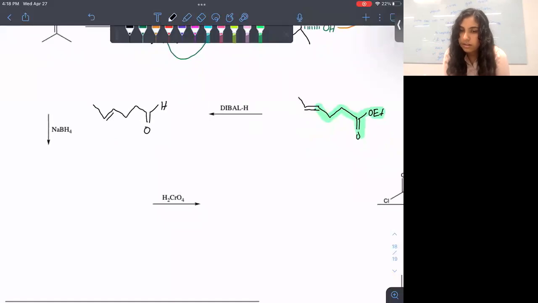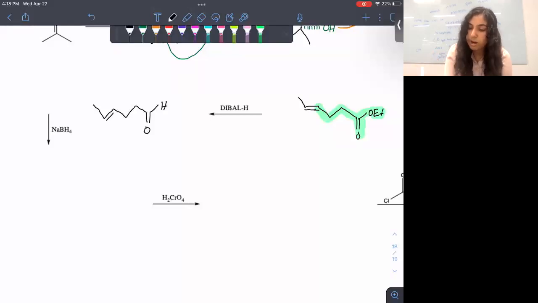And then we're giving the aldehyde sodium borohydride. Sodium borohydride is a weak reducing agent, so it's capable of turning aldehydes and ketones into alcohols. It turns aldehydes into primary alcohols, and it turns ketones into secondary alcohols.